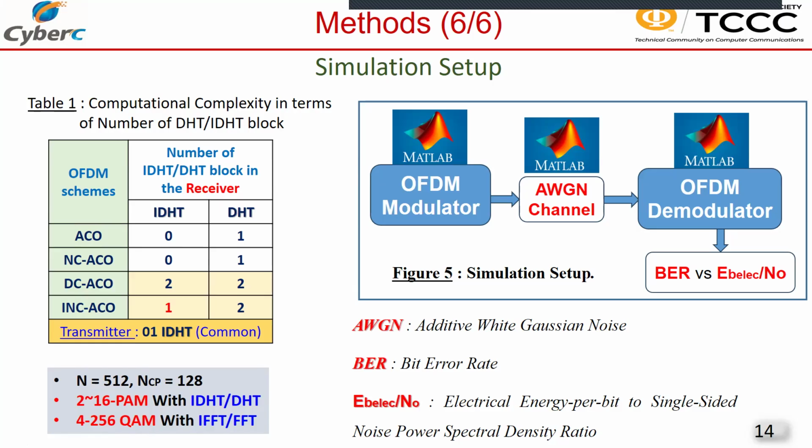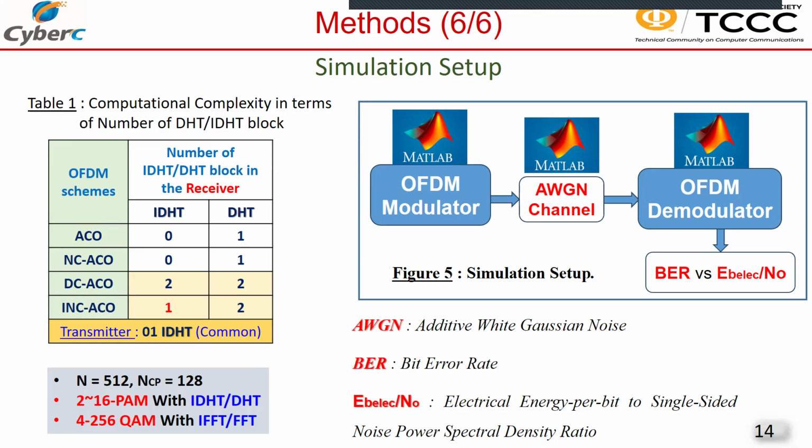Each OFDM symbol is generated with an inverse discrete Hartley transform or discrete Hartley transform. The size used is 512 subcarriers with 2 to 16 pulse amplitude modulation mapping constellation, compared to the traditional IFFT or FFT block used in OFDM with 4 to 256 QAM constellation.